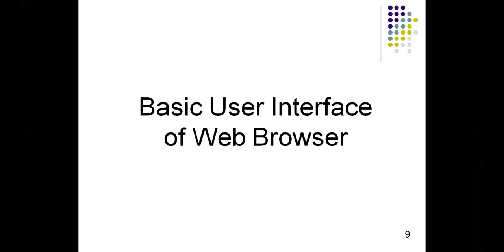We have to give instructions to the software by using a graphical user interface. Microsoft Office PowerPoint is one kind of software, and whatever you are seeing on the screen is the graphical user interface of Microsoft Office PowerPoint.